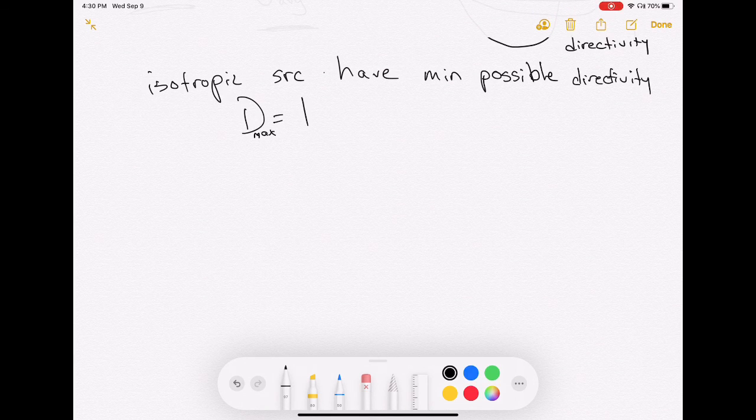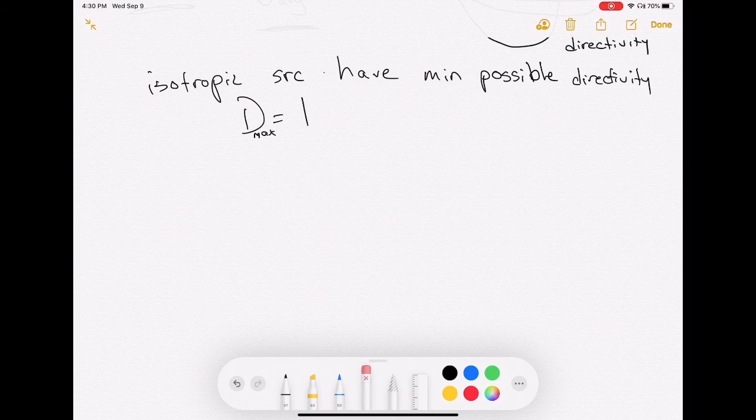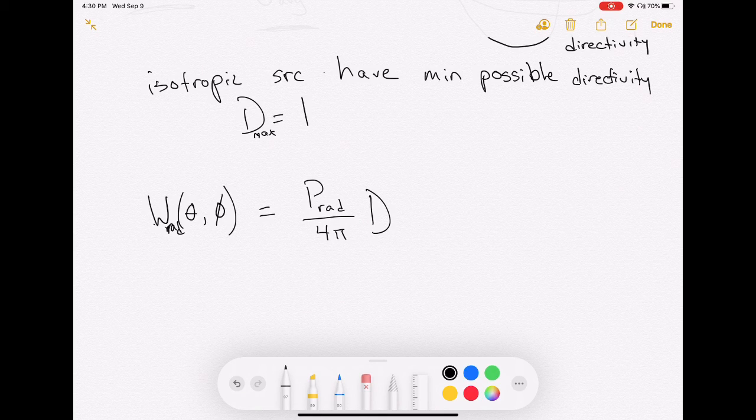All right, so if we're talking about an antenna that's radiating, the radiated power density from that antenna is going to be the total radiated power over 4 pi times the directivity as a function of angle.